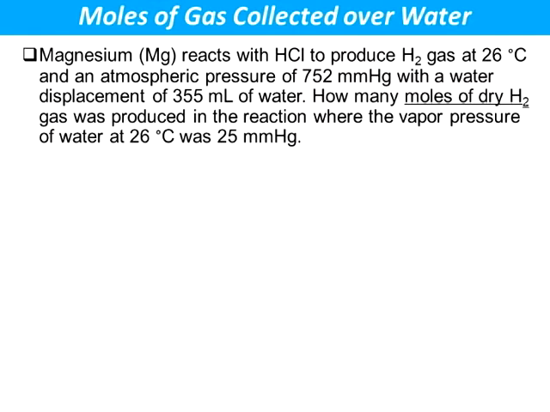In other words, when the gas was produced, it displaced 355 mL of water, which is the effective volume of the gas. How many moles of dry H2 gas was produced in the reaction where the vapor pressure of water at 26 degrees C was 25 millimeters of mercury?